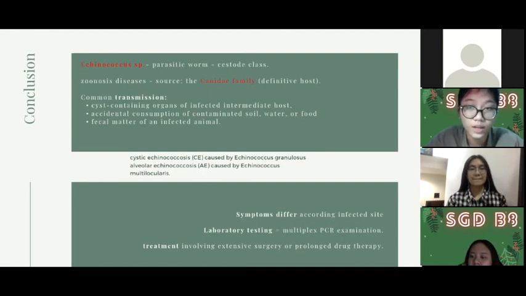Echinococcus infection can be determined by looking at the symptoms that appear, because they differ according to the organ that is infected. Laboratory testing for Echinococcus is usually done through a multiplex PCR examination. The infection of this parasite is usually difficult to treat and sometimes requires extensive surgery or prolonged drug therapy.